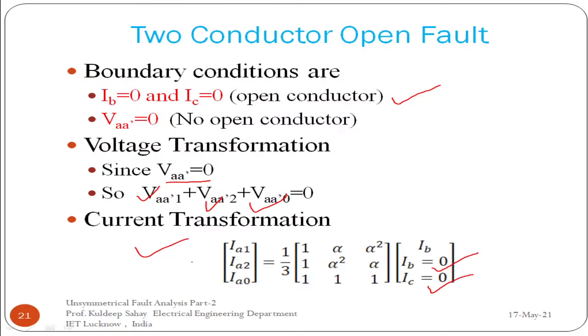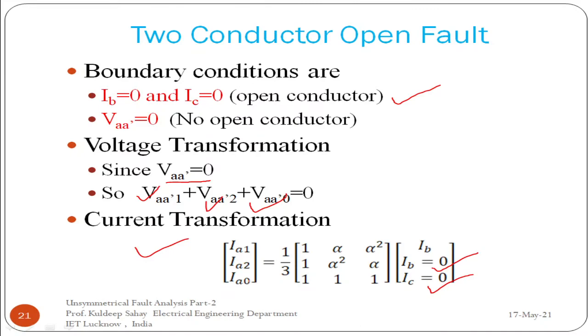On solving, since the products of alpha and alpha square with this 0 become 0, IA1 equals IA by 3, IA2 is also IA by 3, and IA0 is also IA by 3.